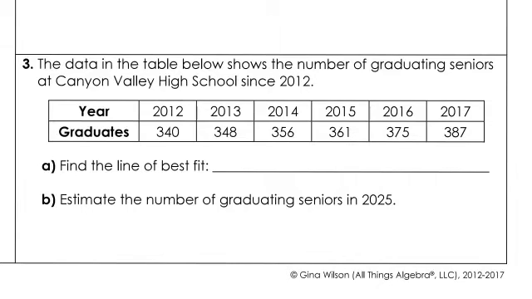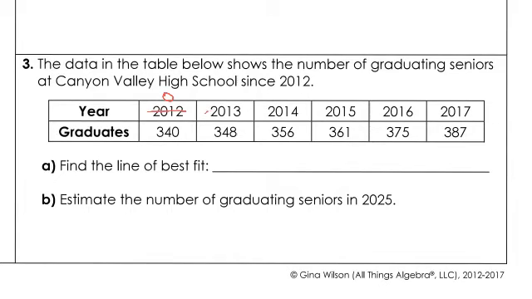Okay, so for number 3, the reason it's a little bit different is because the years do not mean 2,102 of something. If the year is 2012, that is your starting year. So you're going to need to actually change the year to year 0.